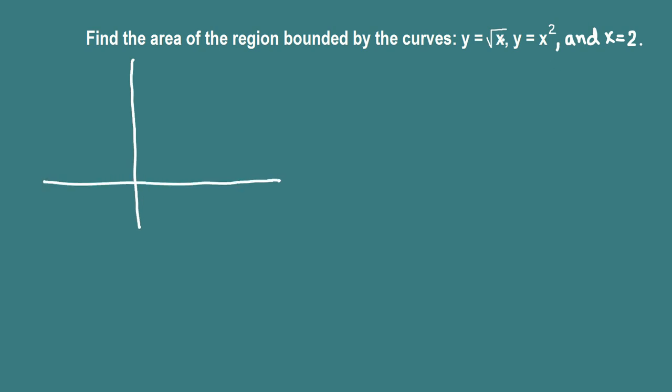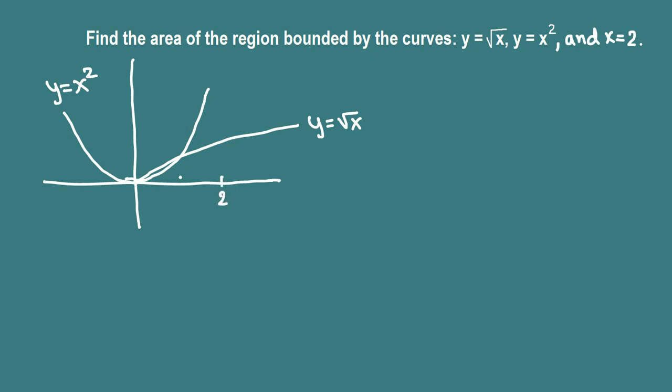So y equals square root of x, y equals x squared, so it will be a curve, and x equals 2.